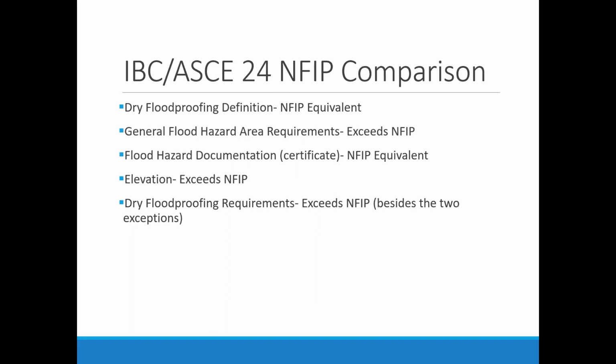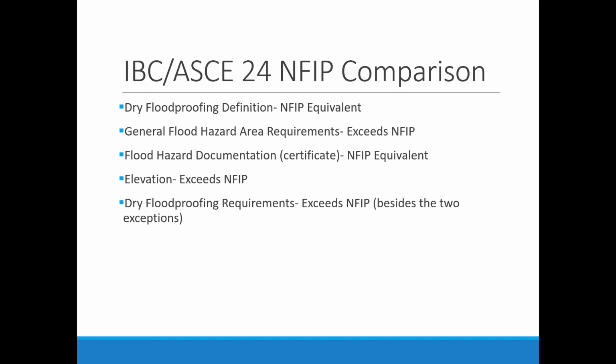Okay. So as I said, ASCE 24 is a publication that goes hand in hand with the International Building Code, or IBC, which is part of the International Code Council, or ICC, family of building codes.